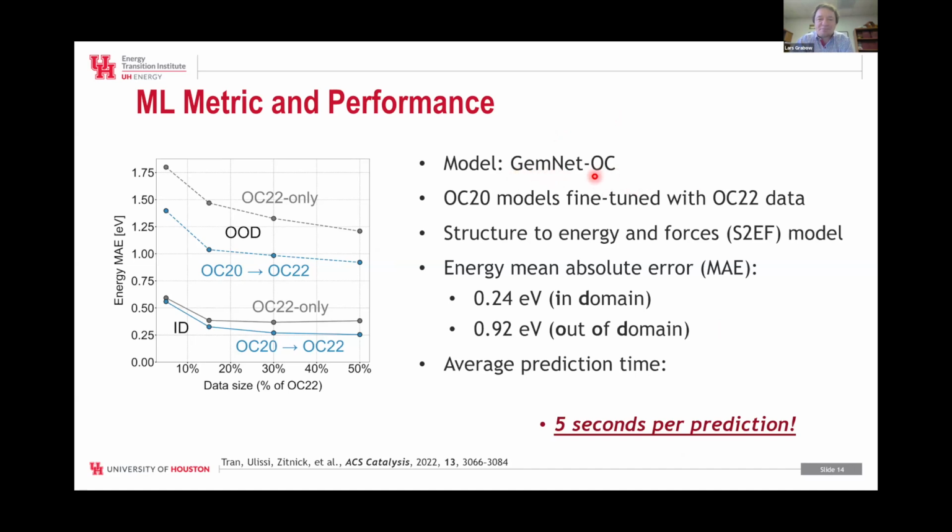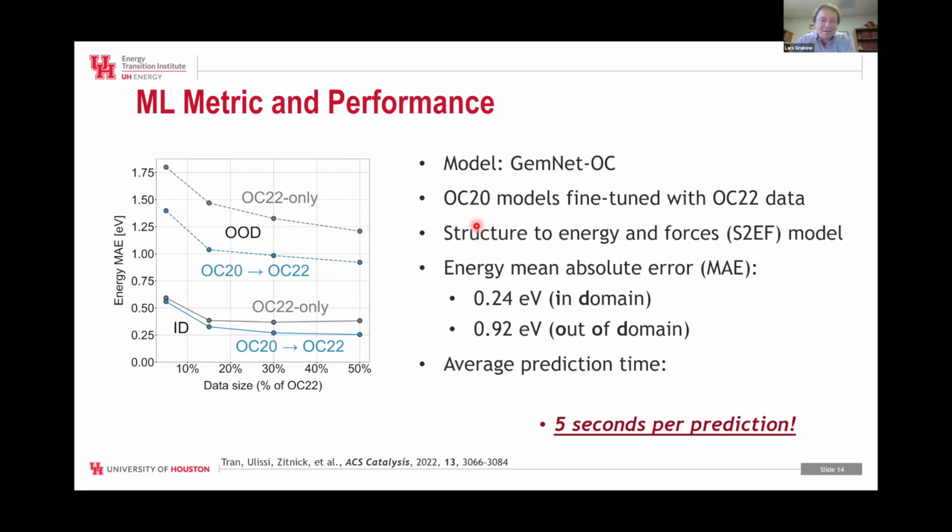But when we started this project, the GemNet-OC was the best machine learned model based on the data set. It is derived from the OC20 data set that includes all metals, and it is fit to predict structure, energies, and forces.